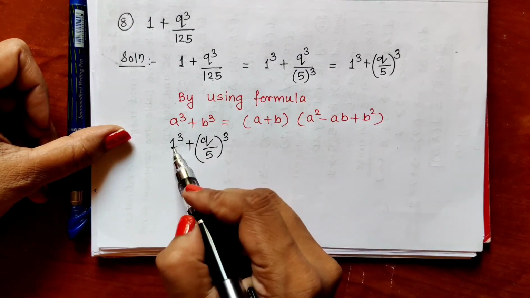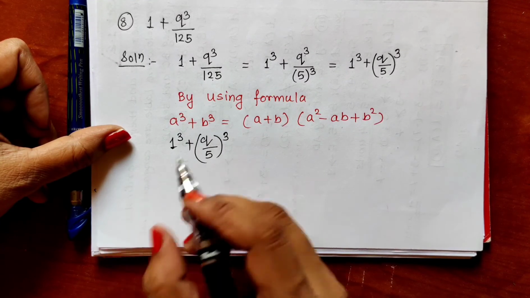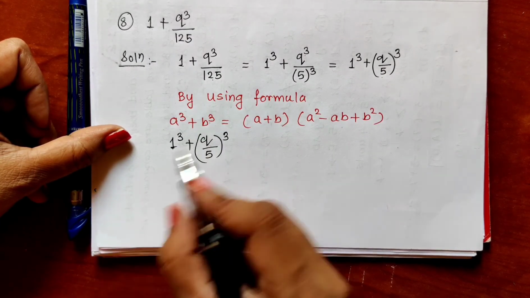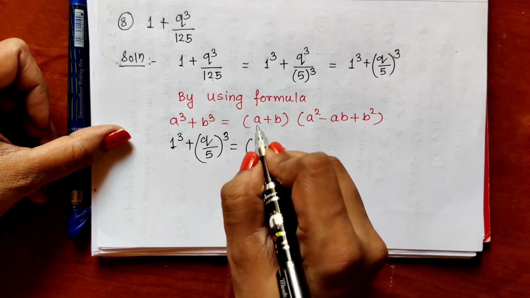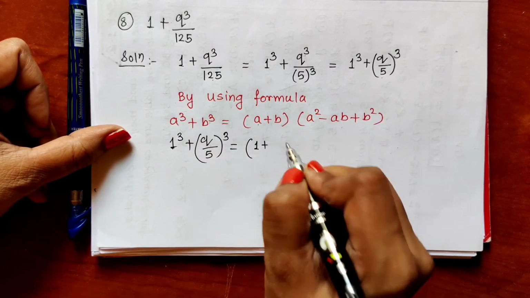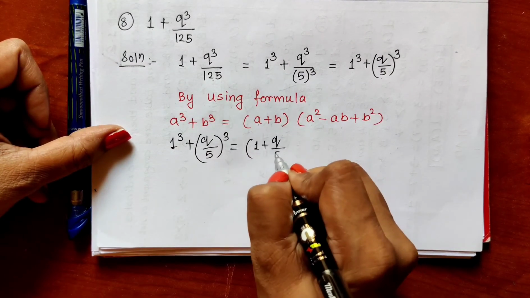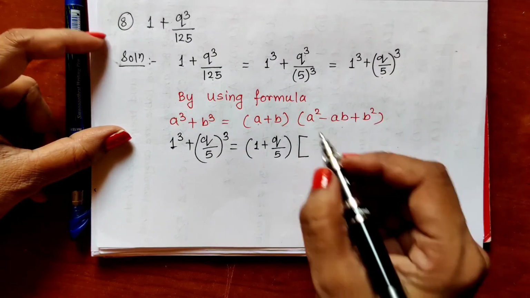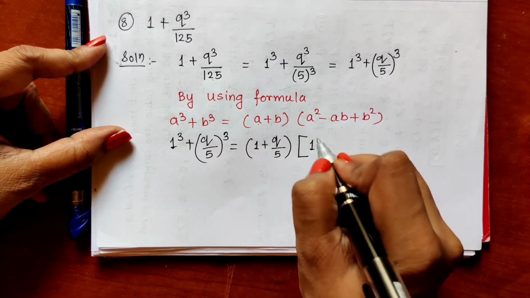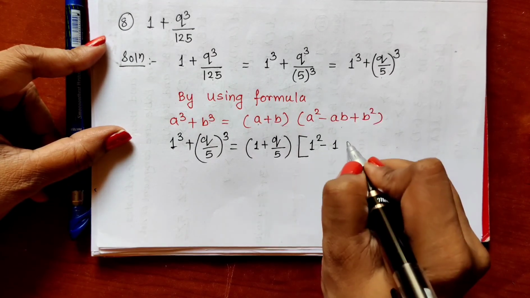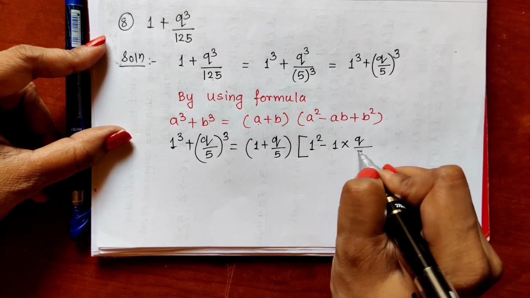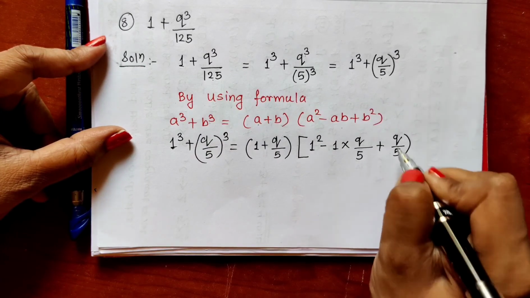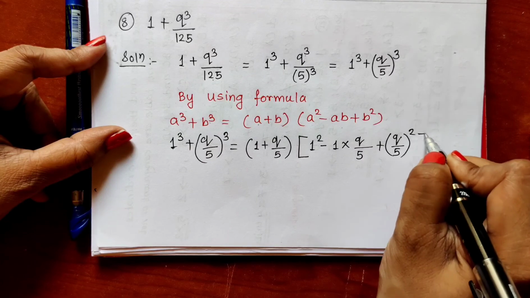So our a is 1, b is q upon 5. So in place of a we will be writing 1, in place of b we will be writing q upon 5. We put square bracket, it will be 1 square minus 1 into q upon 5 plus q upon 5 whole square.